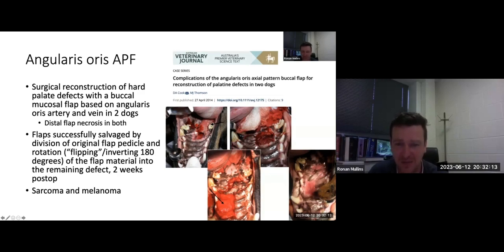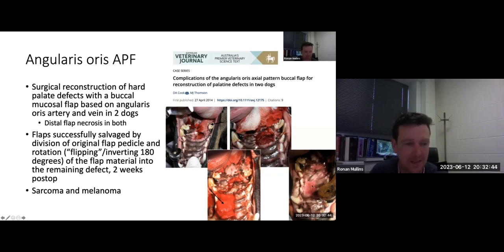So this is the flap being used, but developed dehiscence and oronasal fistula, but they effectively just amputated the base of the flap and flipped it 180 degrees into this once it had a strong attachment at the caudal aspect of that oronasal fistula. And this is the end result that you end up with here.